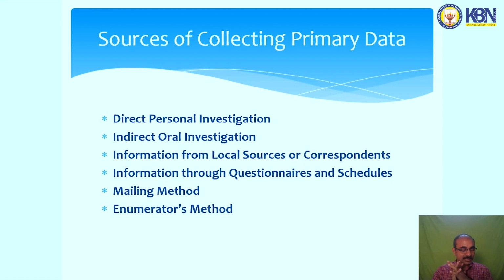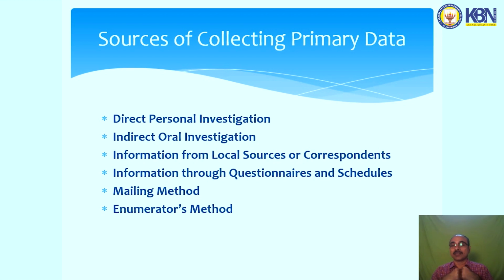Next, the second one is indirect oral investigation. Here, if we want to receive information, we also take it personally, but in simple words, we make contact with other persons.